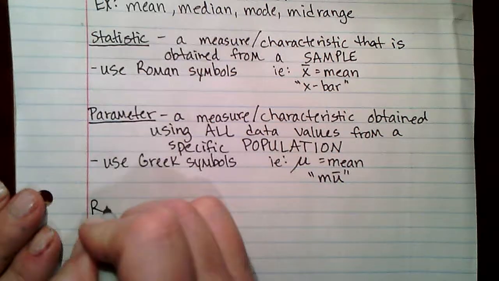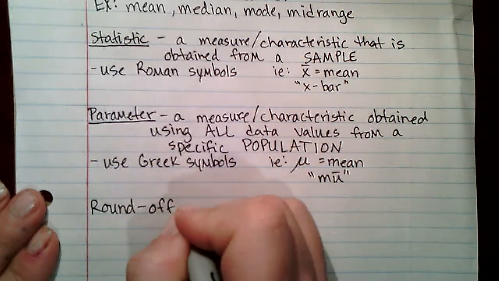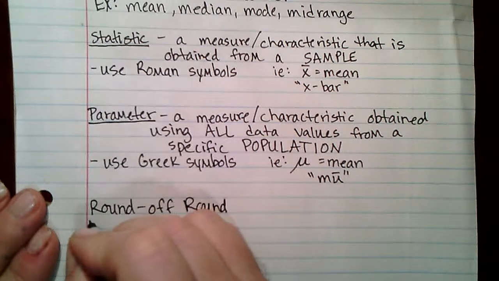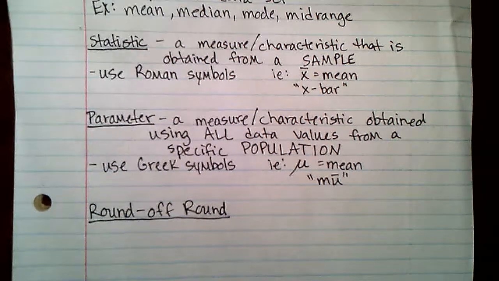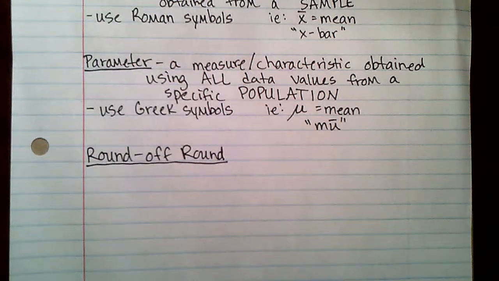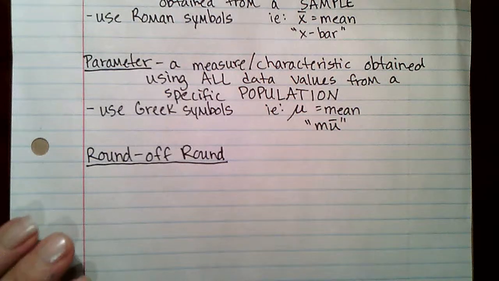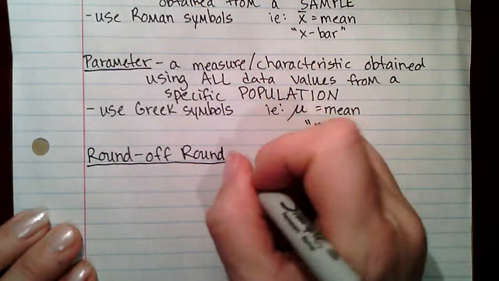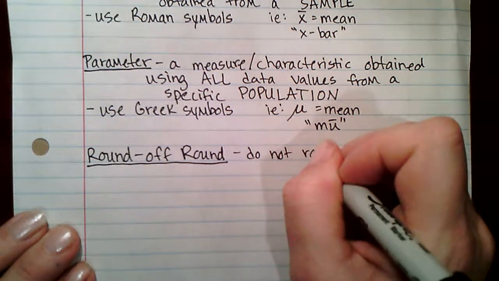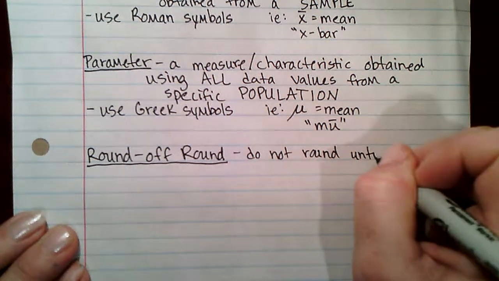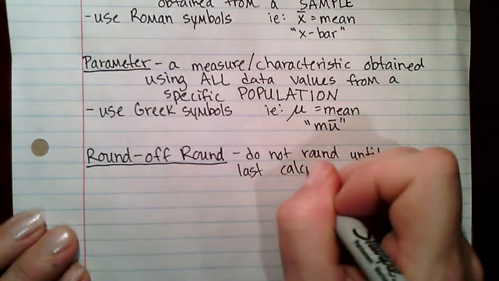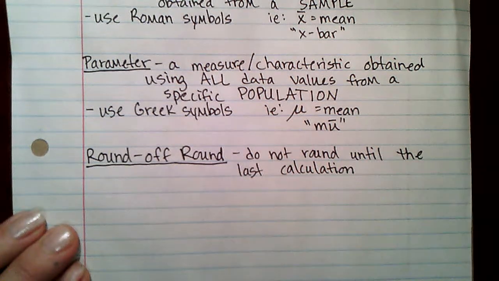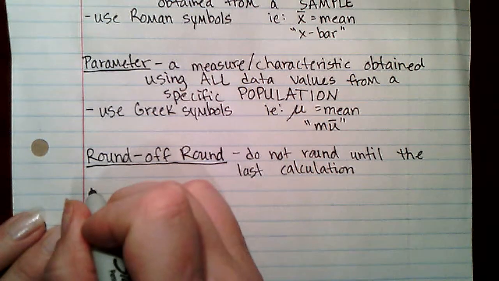The rounding rule when you're working with statistics and parameters, this is going to be a general rounding rule that we will use for any situation unless it is specified to follow a different protocol. So the round off rule is that you do not round until the last calculation. So you'll want to keep your calculator handy, make sure all of the decimal places stay in your calculator as you're doing your computations until the very last one.